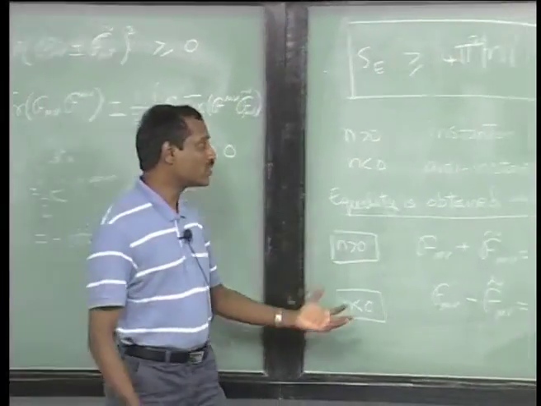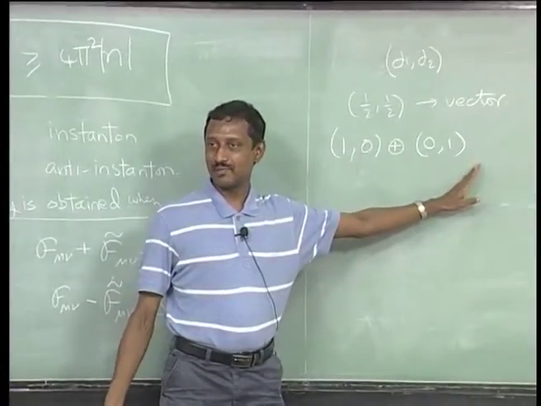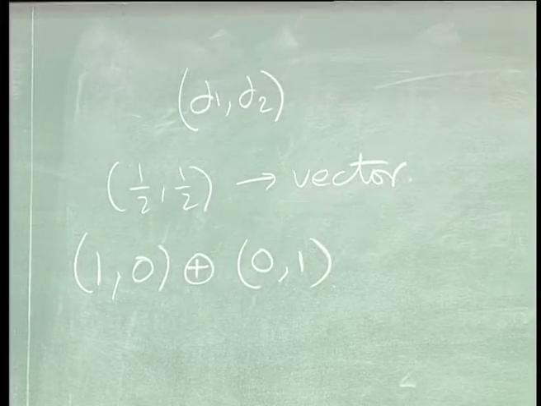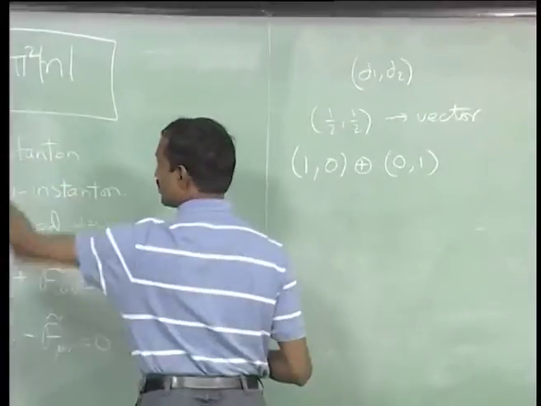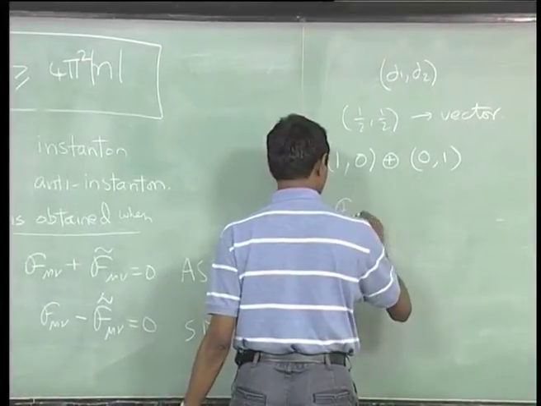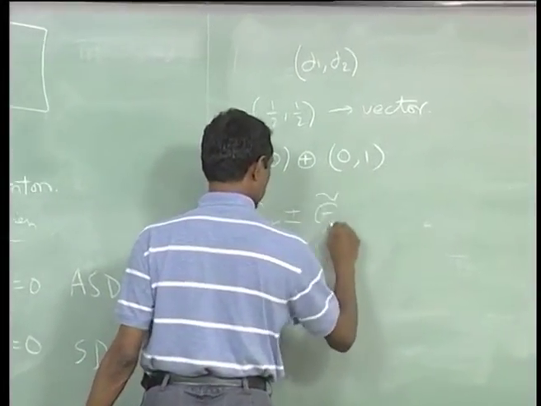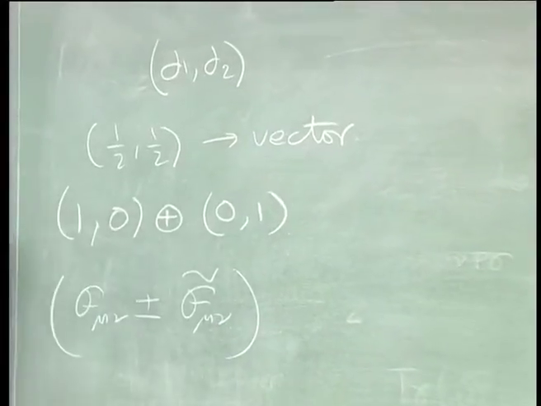Depending on your convention, you can call this the self dual part and this the anti self dual part. If you give me a field strength which is neither self dual nor anti self dual, you can just take linear combinations. The way to do that is exactly what we saw here: F mu nu plus or minus F tilde mu nu will give you the self dual and anti self dual parts.